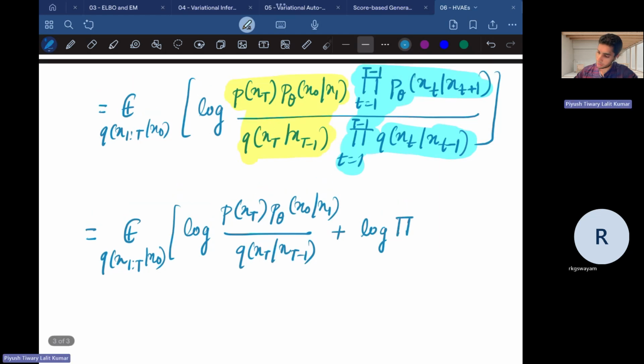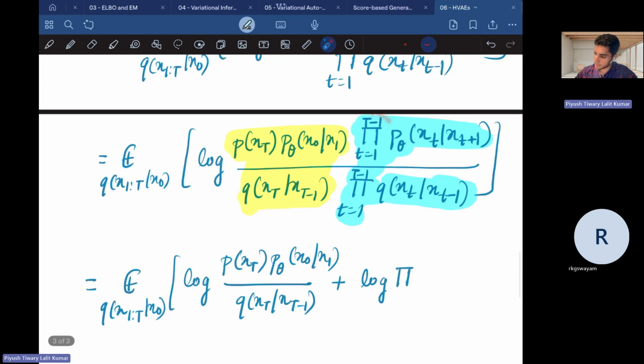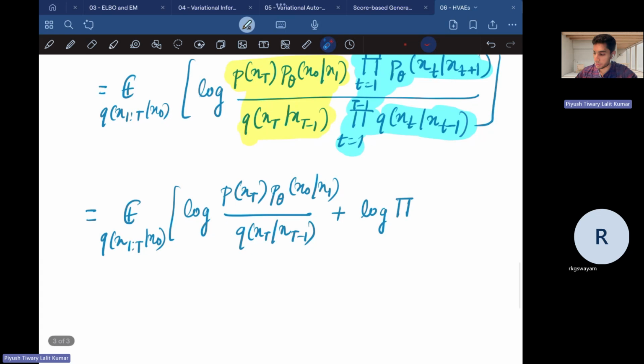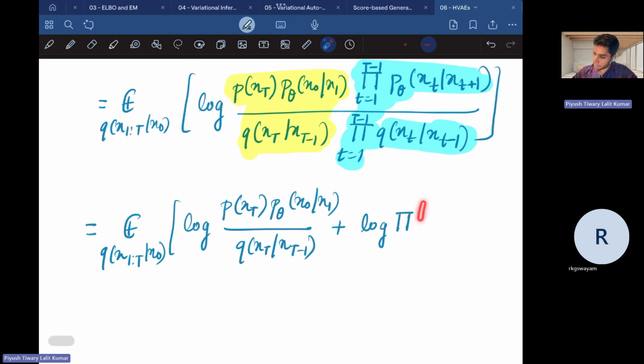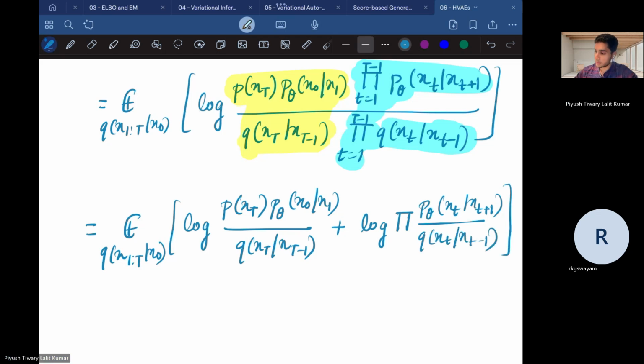The whole point of making these changes in index was so that the range of the product here and here becomes the same, so that I can write it as one single product. So this thing is nothing but p theta xt given xt plus 1 divided by q of xt given xt minus 1. Let me know if there is any doubt. I have clubbed these terms term by term.